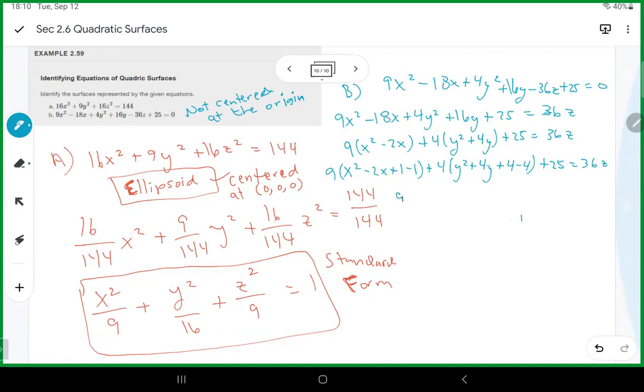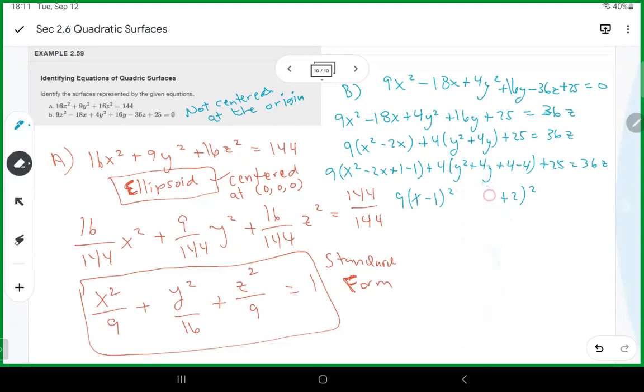So that's going to give us 9 times x minus 1 squared plus 4 times y plus 2 squared. I forgot the minuses. Sorry, guys.